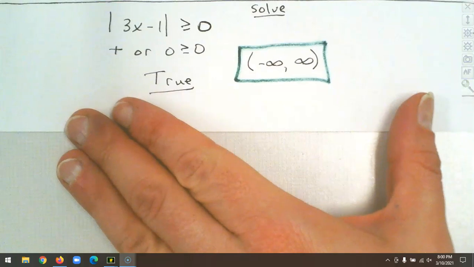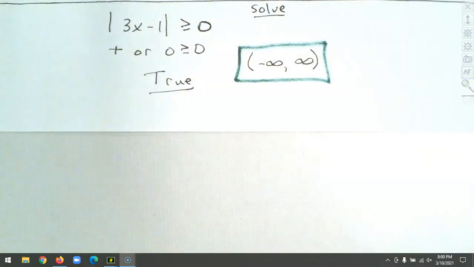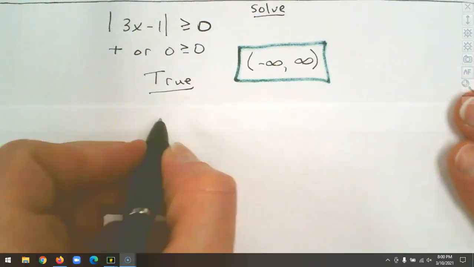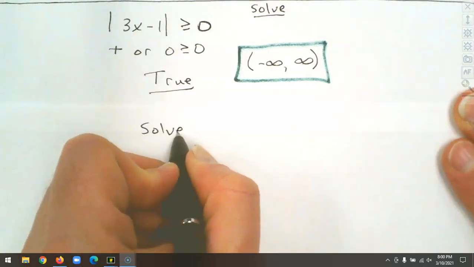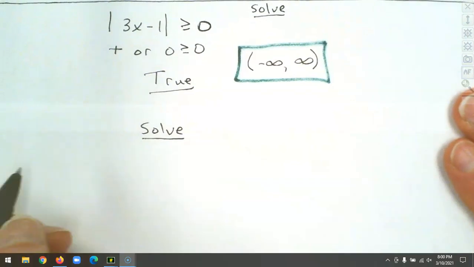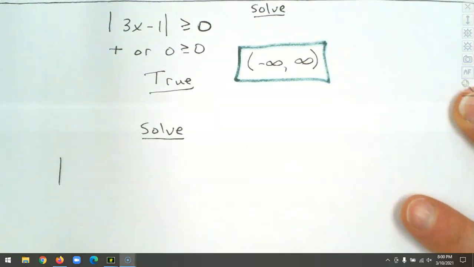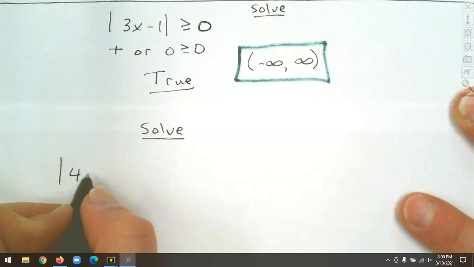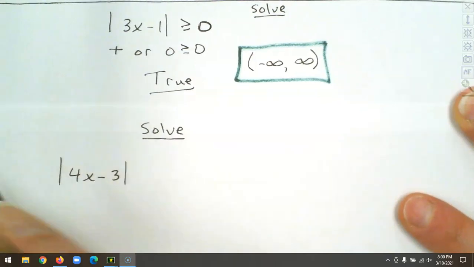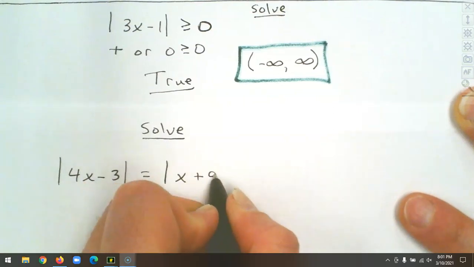Now, what about an absolute value equaling another absolute value? Well, on these, we're going to get, again, 2 equations, but we're going to have to distribute a negative sign through. So let's try and solve the absolute value of 4x minus 3 equals the absolute value of x plus 9.